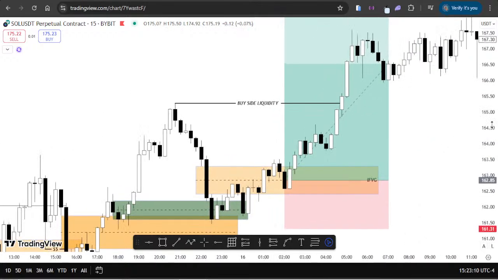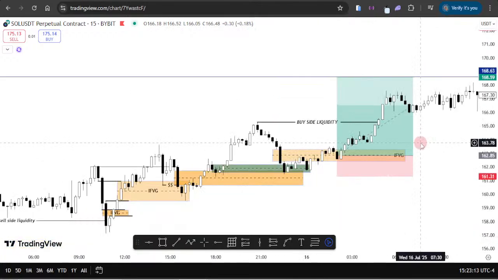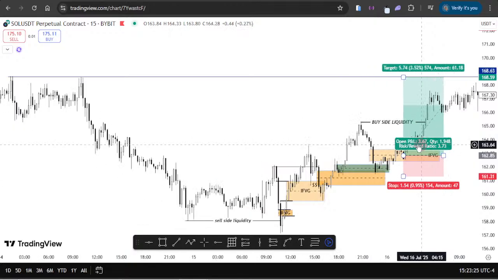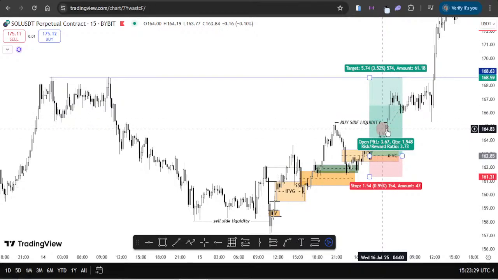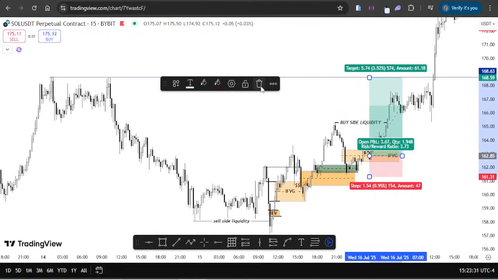Now, in case any of the viewers don't know what a relative equal high or a relative equal low is, I want to still do my due diligence on this one. So let us assume that we have not seen this. Let me remove this one.